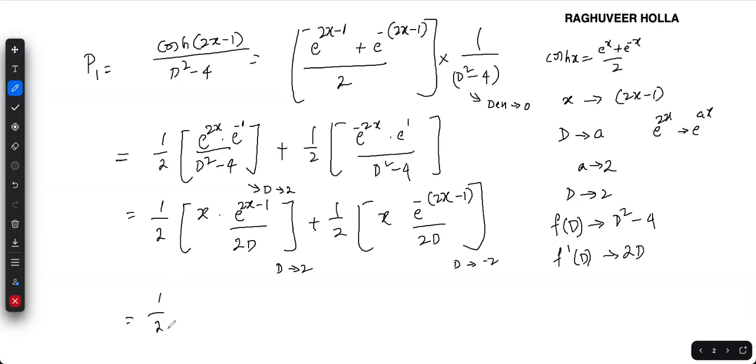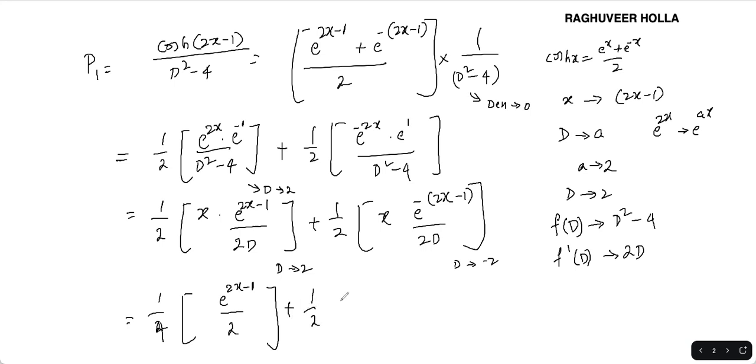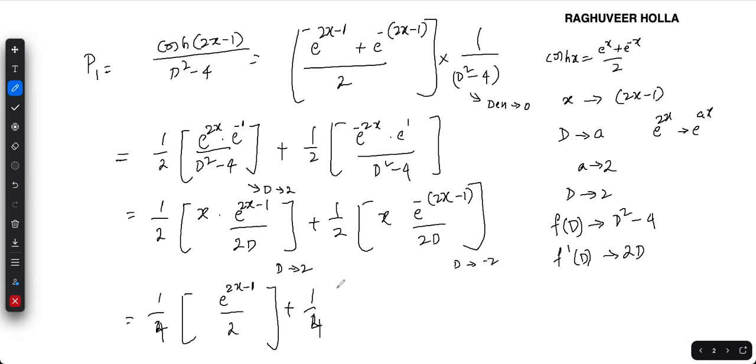So this is 1 by 4, e to the power of 2x minus 1 divided by 2, and minus, x into e to the power of minus of 2x minus 1 divided by minus 2.